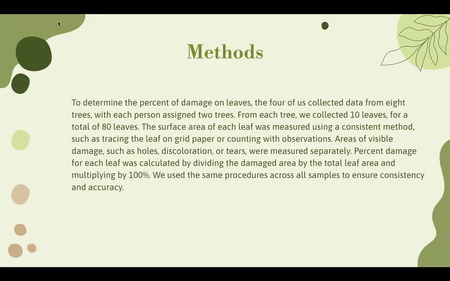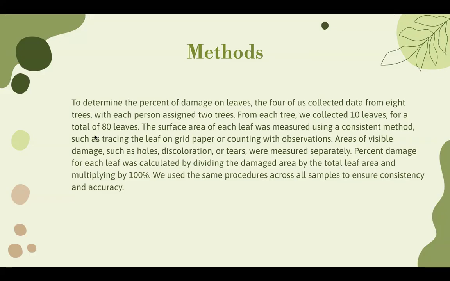All right, the methods that we used were, so our goal was to get the percent of damage done on the trees, like Sean said, through the fungal damage or other bugs that are around. We each did 2 trees, so 8 trees, and from those 8 trees we took 10 leaves and used a grid to measure the surface area.